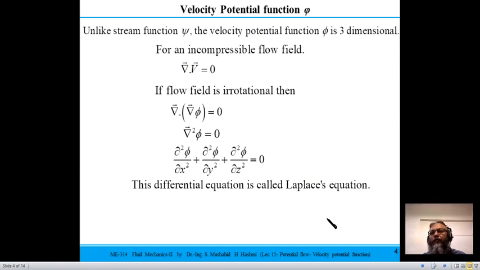It is a partial differential equation of second order, which is nothing but satisfying the continuity and the condition of irrotationality.